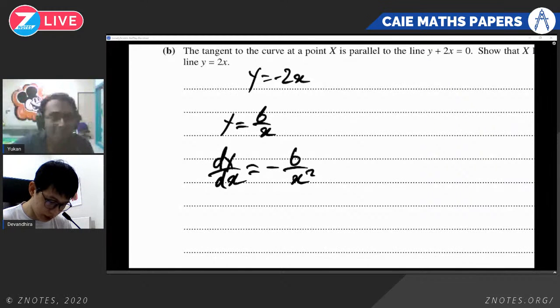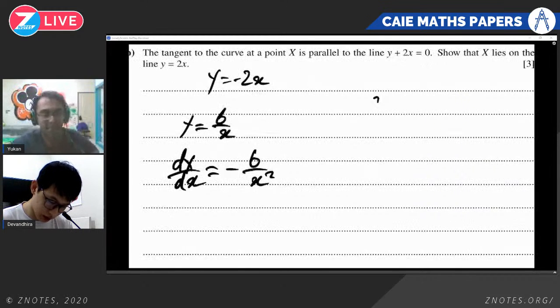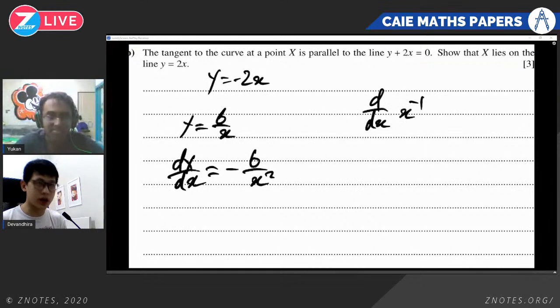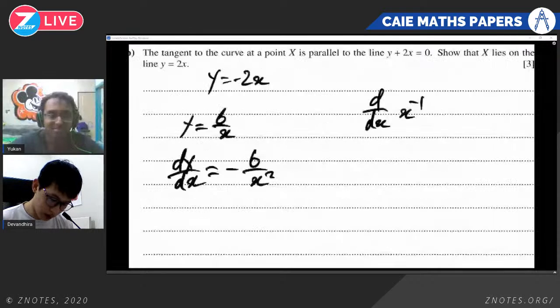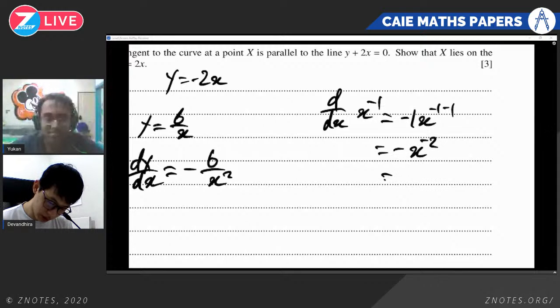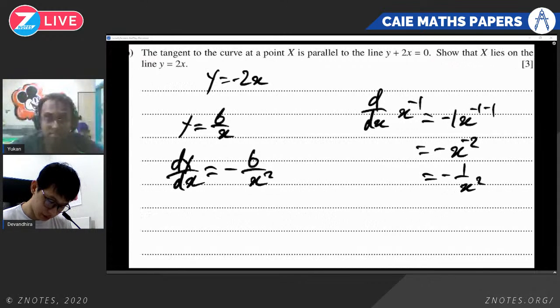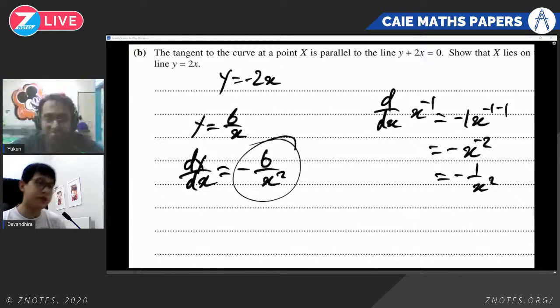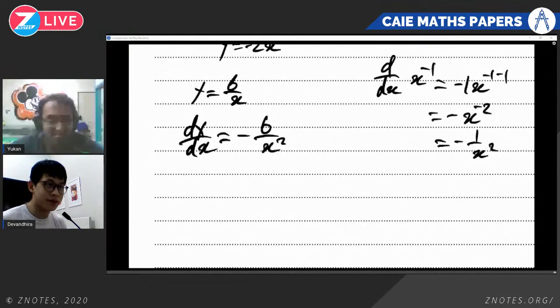Remember that 1 over x is just x to the power minus 1. Differentiating, it's negative 1 times x to the minus 2. So we have negative x to the minus 2, multiply by 6, and you have this. Agree?